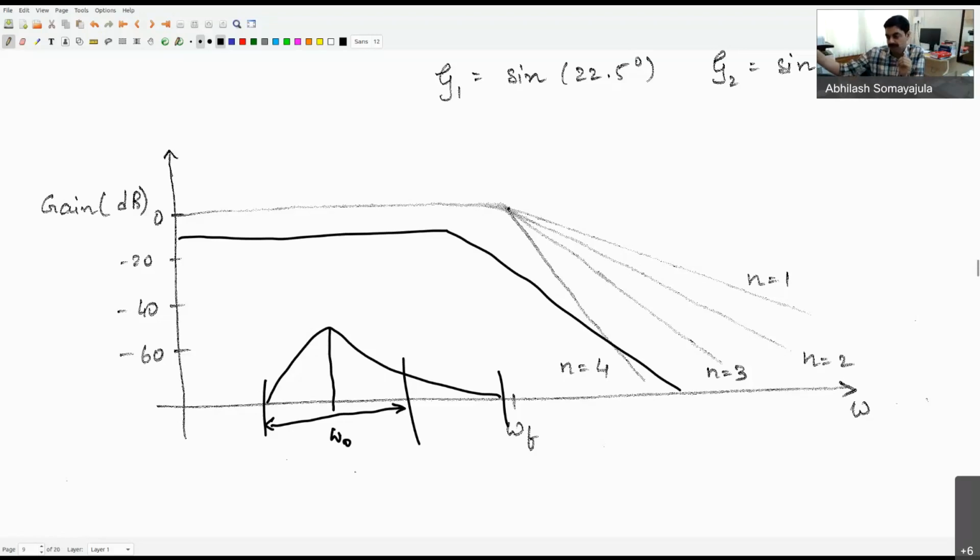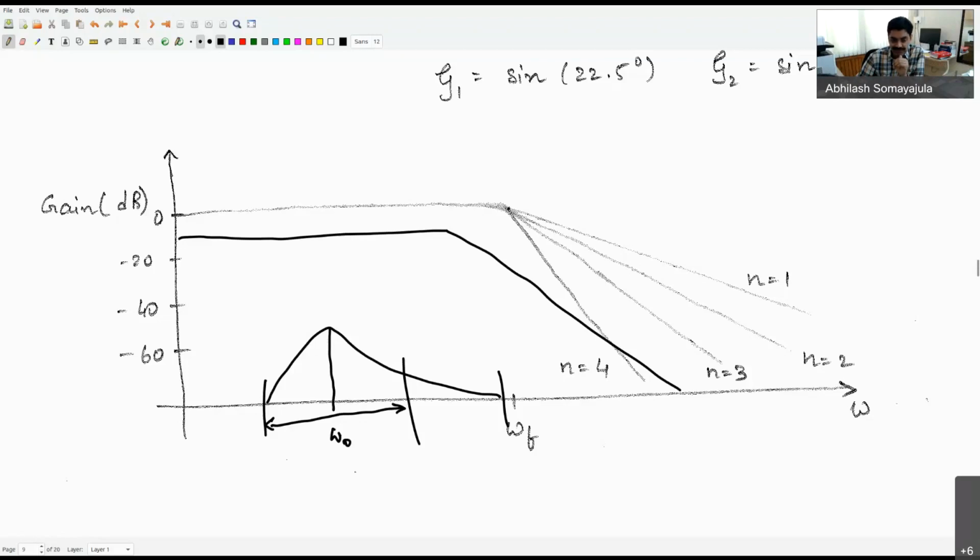And after I exceed the control bandwidth, I should have a low pass filtering effect. So the low pass filtering effect continues to be there after I cross my control bandwidth. But inside the control bandwidth, since it is now intersecting with my wave frequency regime, I want to make sure that that wave frequency regime is somewhat subdued.